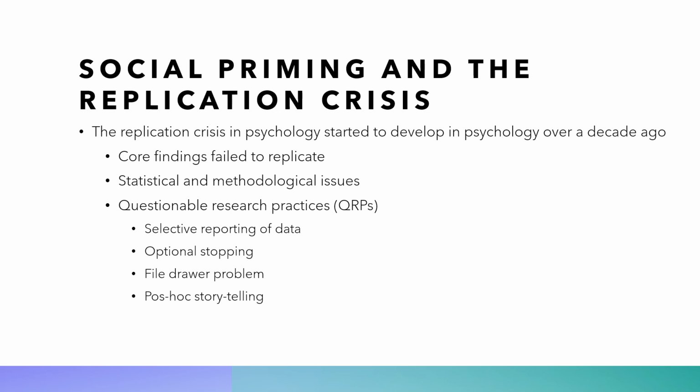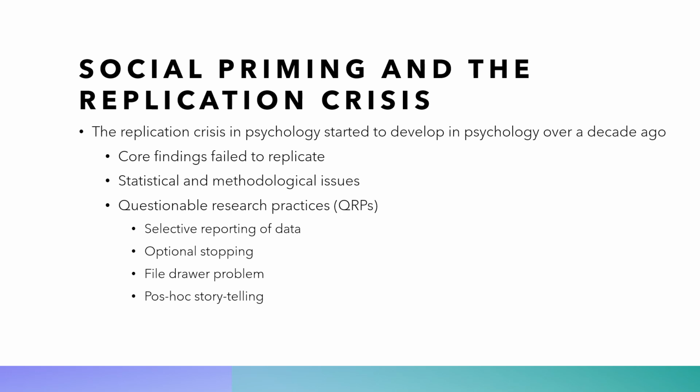One questionable research practice is the selective reporting of data. Sometimes people will collect a data set full of data and then only report what's statistically significant or interesting. Another questionable research practice is optional stopping. Optional stopping refers to basically collecting data until your research project is statistically significant. Recall back to lecture 1 where we talked about p-values and statistical significance.